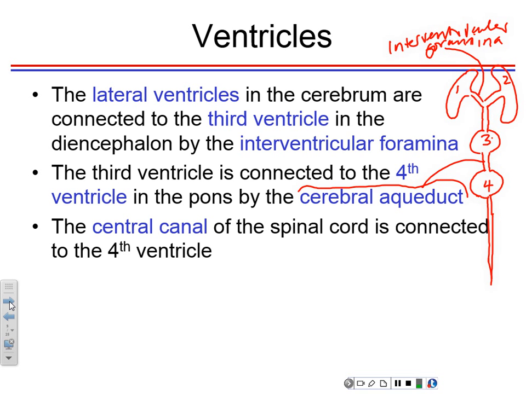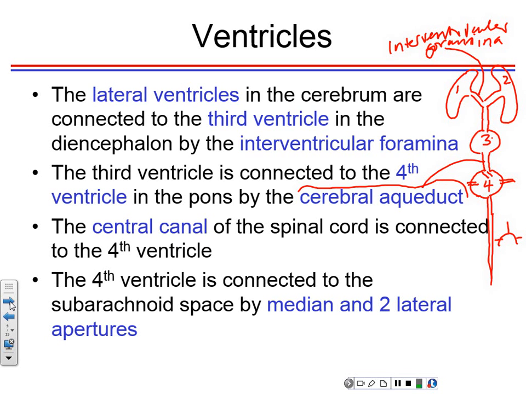This one here has apertures that go to the side, the two lateral apertures, and then the medial one. So it's kind of surrounded like that. If you were to look at it across, you'd see one going that way, one going that way, one going that way. Okay, you see that? That is what connects to the subarachnoid space.